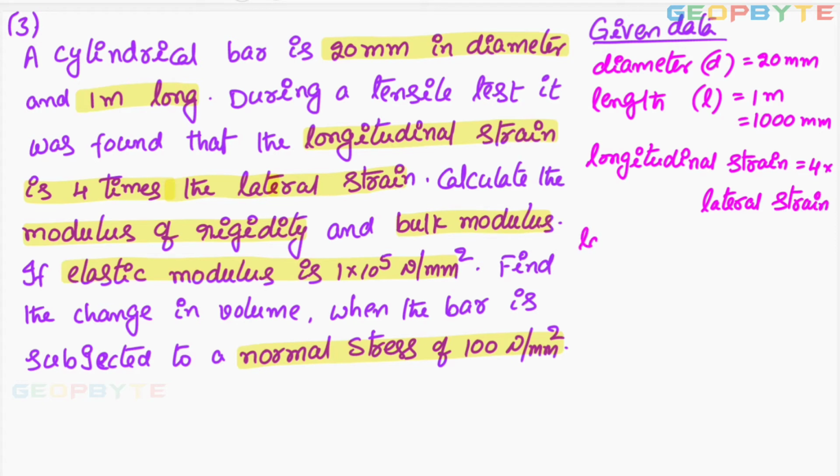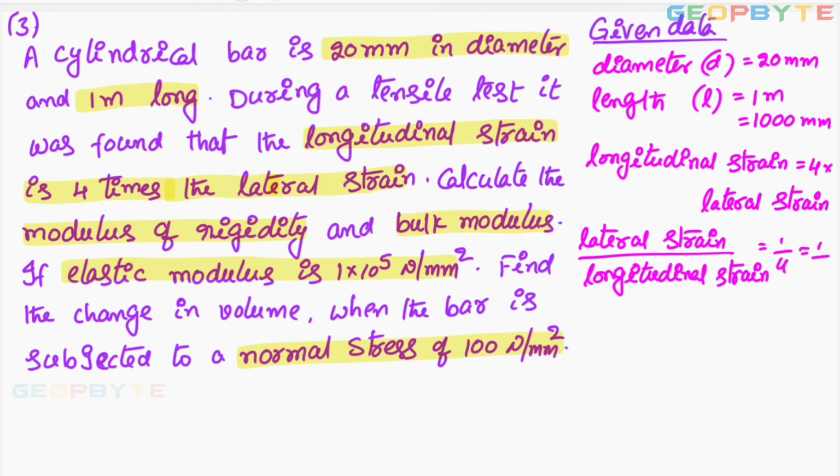From this I can write that lateral strain by longitudinal strain is equal to 1 by 4, which is the Poisson's ratio, because lateral strain by longitudinal strain is the Poisson's ratio. Calculate the modulus of rigidity.